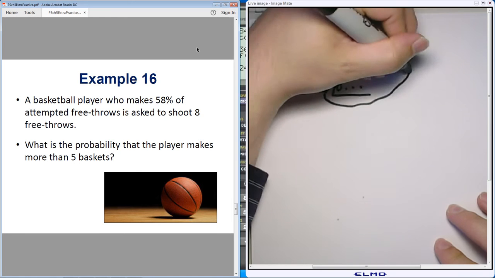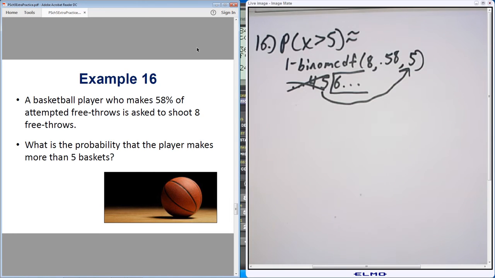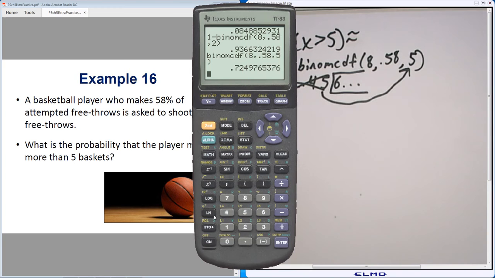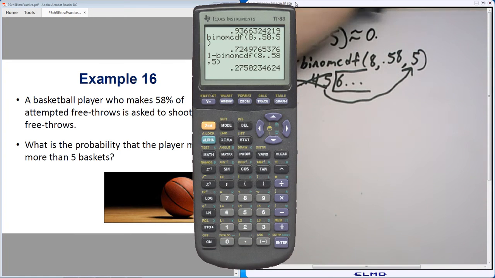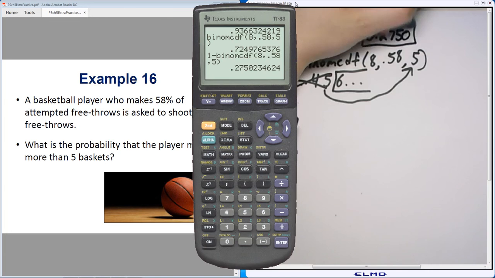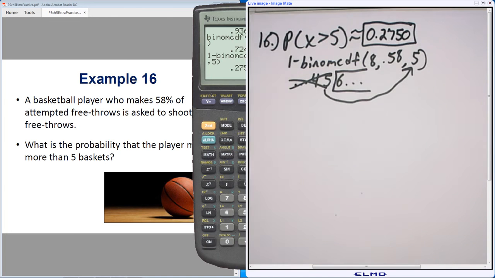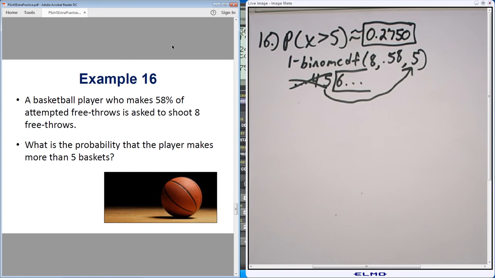Okay, so that 5 is my third number. There's the answer. 0.2750.